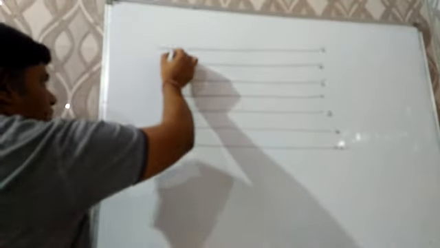When the electron jumps from a higher to the first energy level, the series of lines obtained is known as Lyman series.